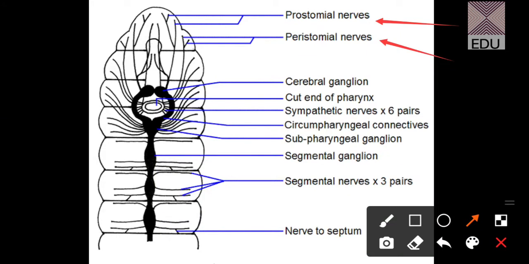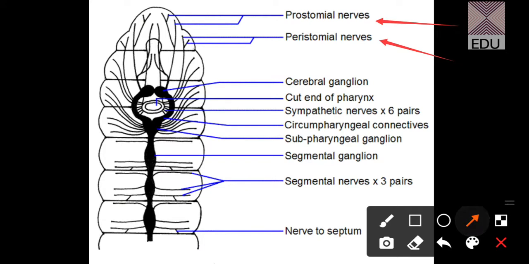Now the nerves from the subpharyngeal ganglia, the lower ones, supply the structures in the second, third and the fourth segments. This is again a very important thing.